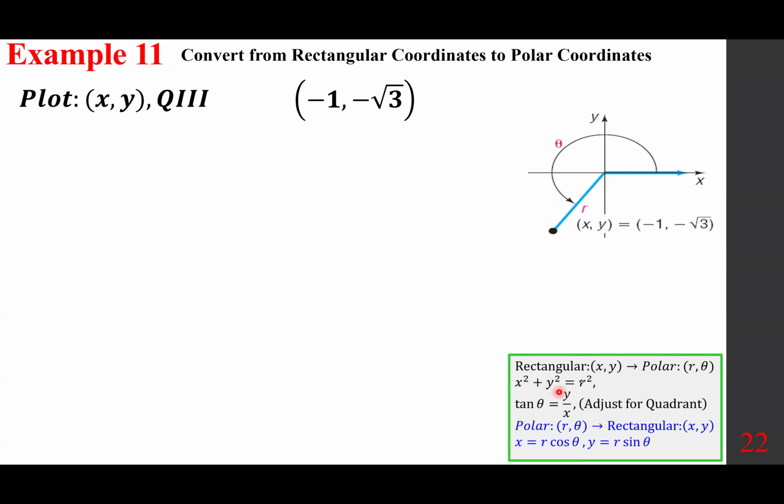So if x squared plus y squared is equal to r squared, r must be the square root of that, right? So r is the square root of x squared plus y squared. Replace the x with -1. Replace the y with negative square root of 3.